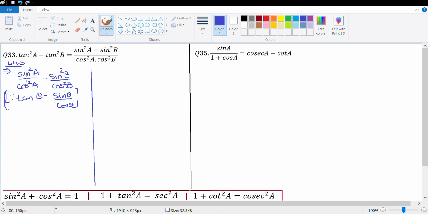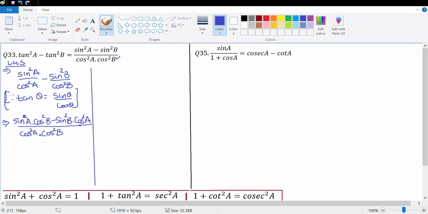Perfect. So now let me take the LCM. I notice that I've already got the denominator of the right hand side. So the LCM will be cos square a into cos square b, which I've already got. So at least one part of my work is done. The LCM of these two terms would be cos square a multiplied with cos square b, and my numerator will become sine square a times cos square b minus sine square b times cos square a.